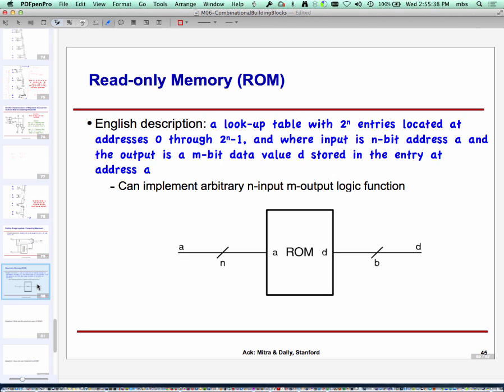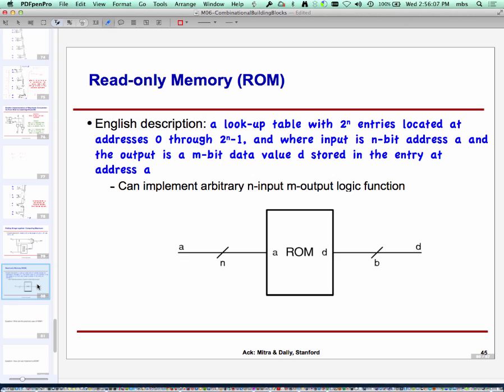So plain description then, it's a lookup table which has 2 to the power n entries. My address is n-bit, and so I have mailbox numbers 0 through 2 to the power n minus 1, and on each address, I have an m-bit value stored. So I have 2 to the power n locations, and on each location, a possibly unique m-bit number stored.